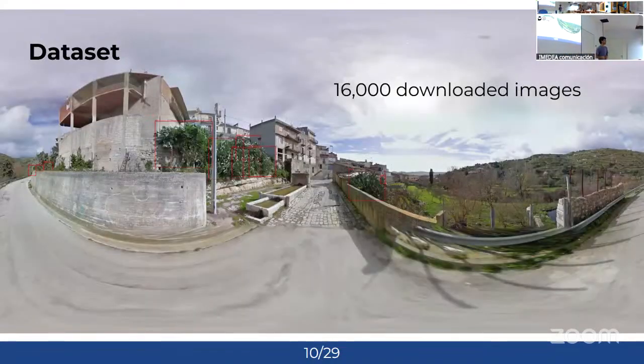The dataset consists of 16,000 360-degree images, which are very large: around 8,000 pixels in height and 16,000 pixels in width. This is a challenge for training an object detection model on this data.